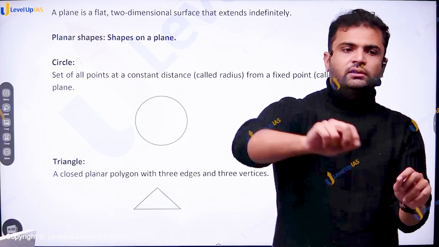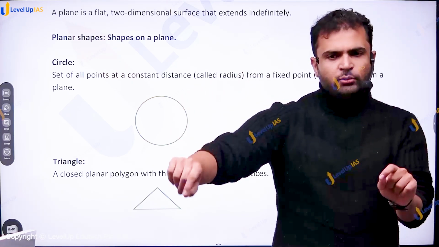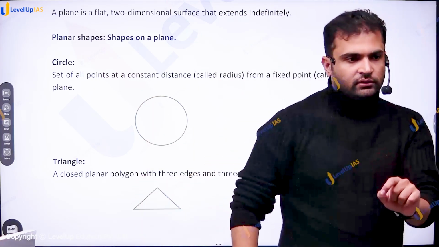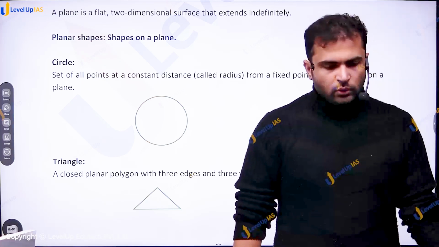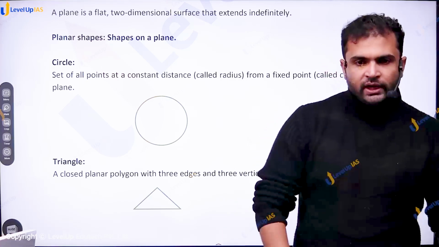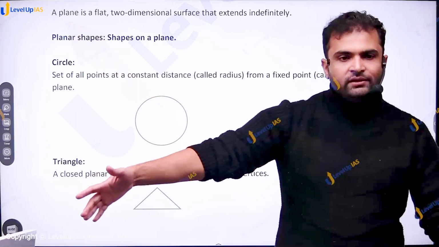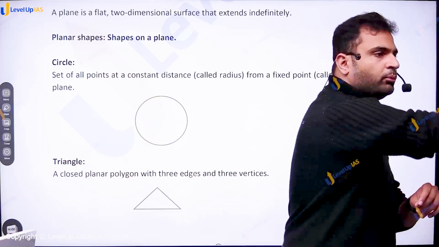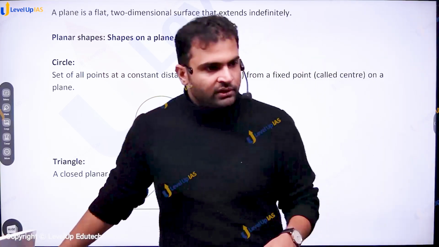We measure from that central point a point, and then all other points that are at the same distance as that point. याद है? Even in fields and all, whenever you want to measure a circle, you take a fixed point, you take a rope, and you just draw a circle. What you are doing, that rope length is your constant radius, that center is your center of circle, and all the points you are plotting would be the curve of circle in the given plane.